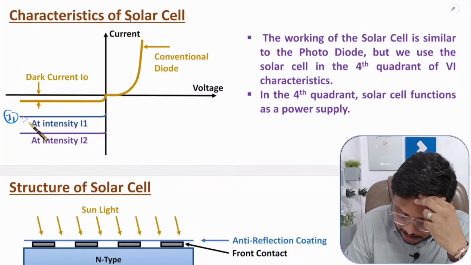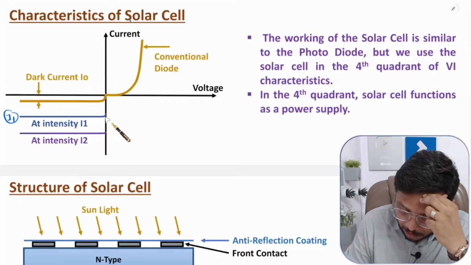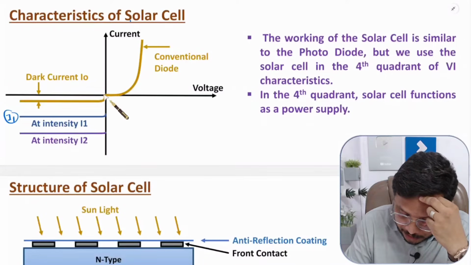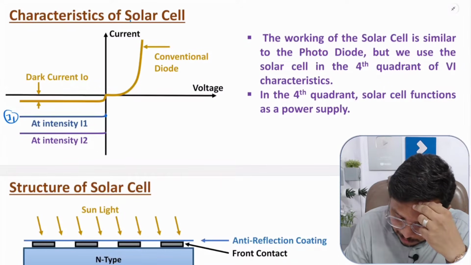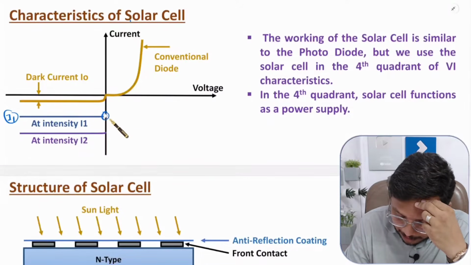Because of which, in reverse bias, current I1 is passing. Now if you reduce the voltage, in reverse bias current I1 will be there, but if you make your voltage 0 across the PN junction, then some current will be there. Let us consider this point as some current.